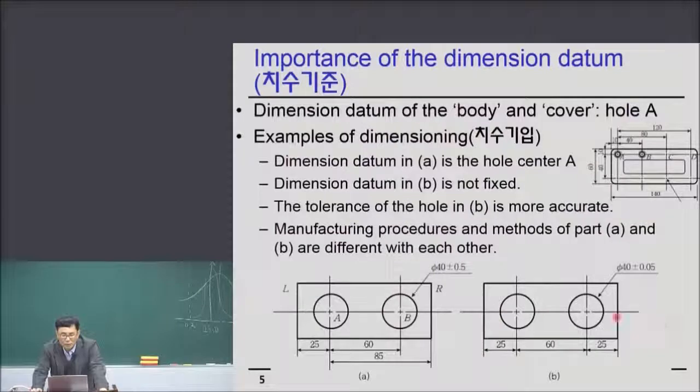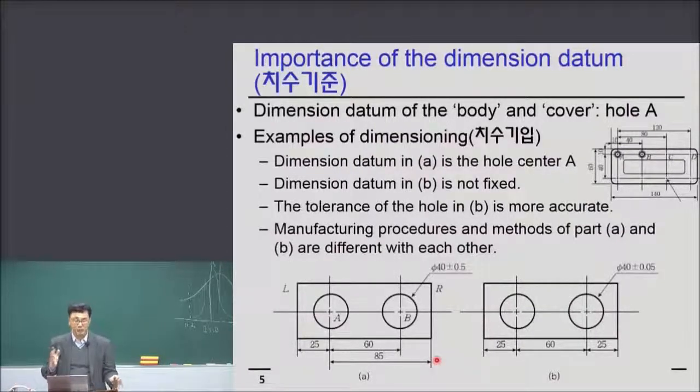But looking at the manufacturing of this edge, the procedure from this hole to 25 is assigned, and this edge is manufactured. But in this part, this edge is manufactured from hole A to 85 measured and manufactured. So the manufacturing procedure becomes different between each other. Okay? So since dimensioning is different, the manufacturing procedure becomes different.